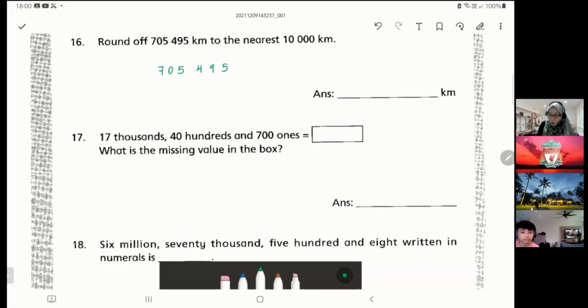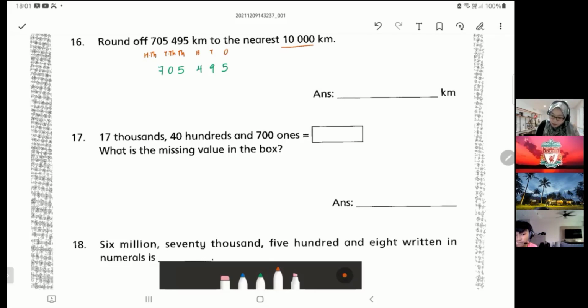Again, if you do not know what to do, label the place value, the houses of the numbers: ones, tens, hundreds, thousands, 10,000s, 100,000s. Then after that you look for your 10,000s place, then you underline. They ask you for the nearest 10,000, right?